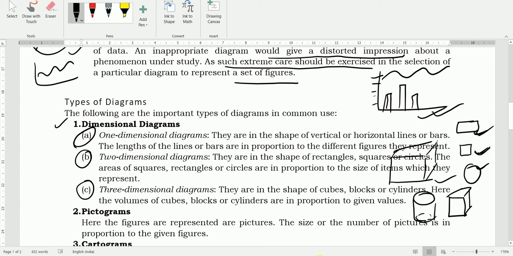This is what I call three-dimensional diagrams, and here the volume of these cubes, cylinders, and blocks are in proportion to the given data, given values.